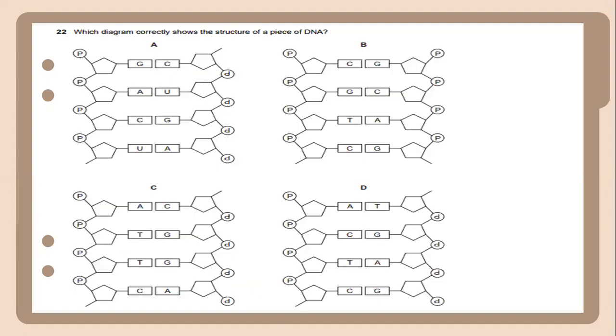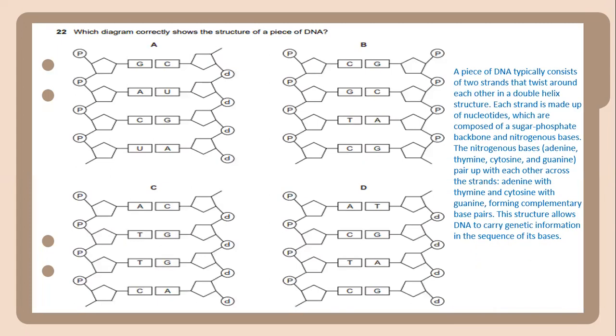Which diagram correctly shows the structure of a piece of DNA? A piece of DNA typically consists of two strands that twist around each other in a double helix structure, and each strand is made up of nucleotides, which are composed of a sugar-phosphate backbone and nitrogenous bases.